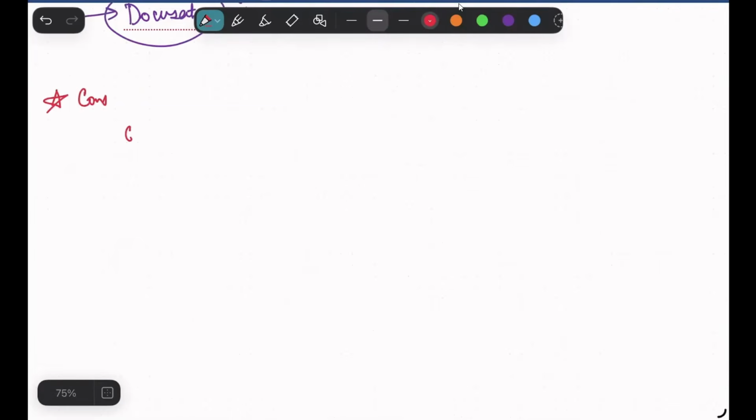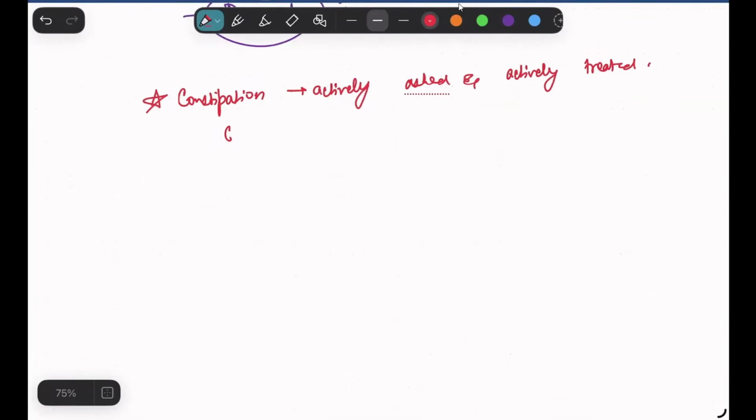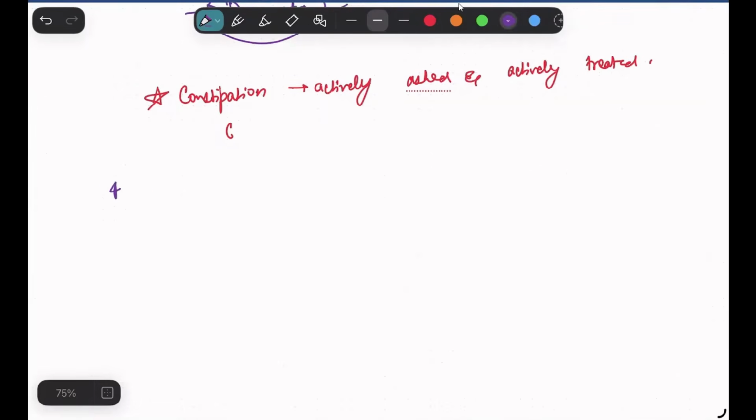So the constipation should be actively asked and actively treated. Clear? Now coming to the fourth important side effect, that is sedation.